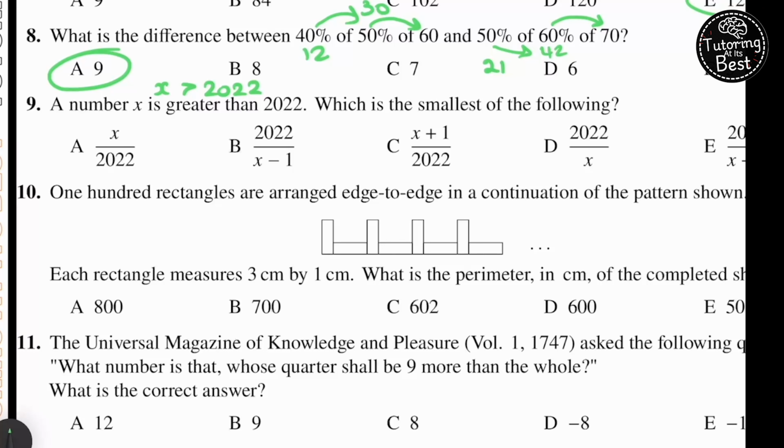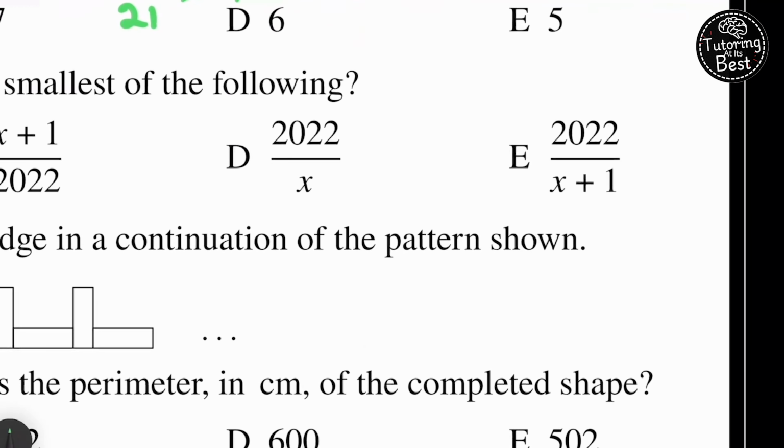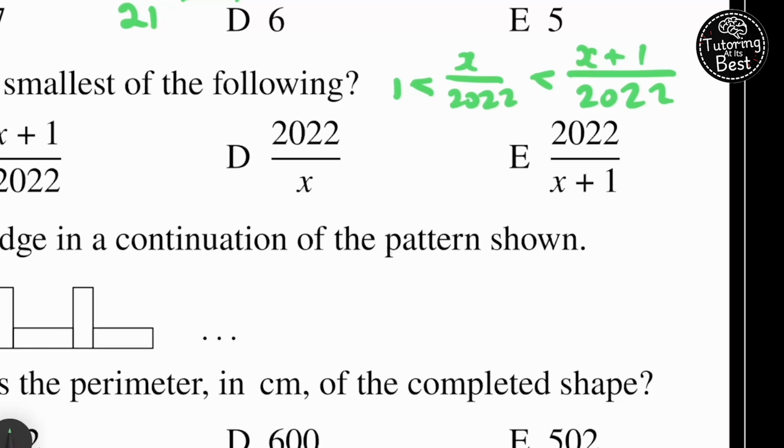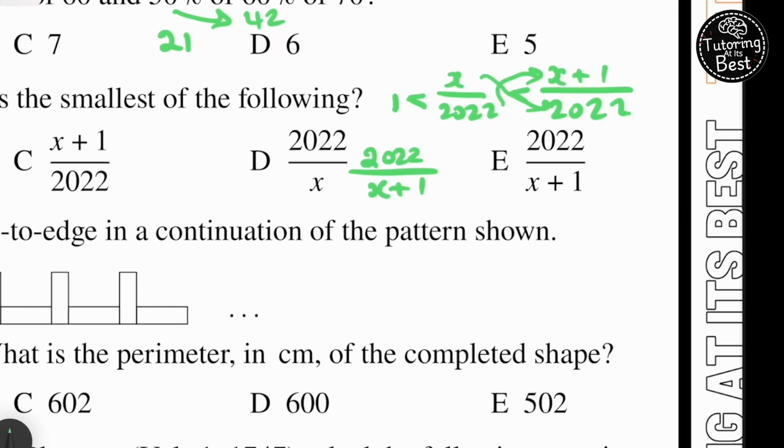So therefore, because we're looking for the smallest of the following, the best way to illustrate this would be essentially to have one which is less than x over 2022, which is also less than x plus 1 over 2022. And therefore, if we combine this together and cross-multiply this, we'll have 2022 over x plus 1. And with that being said, it follows that out of the given options, it is 2022 over x plus 1, which is E, being our smallest value.